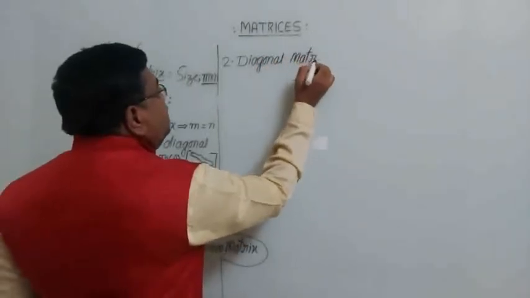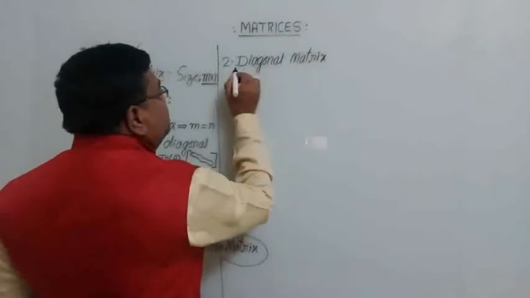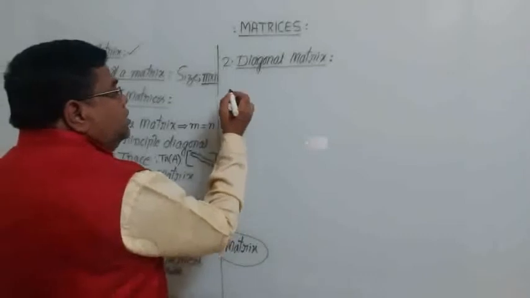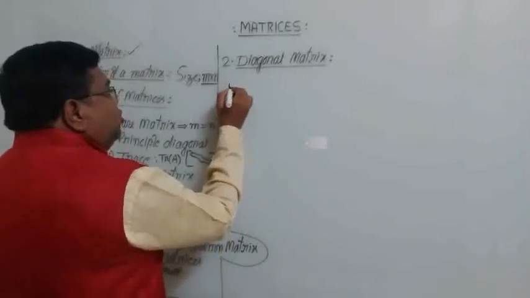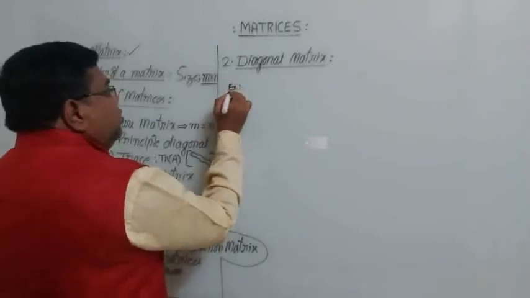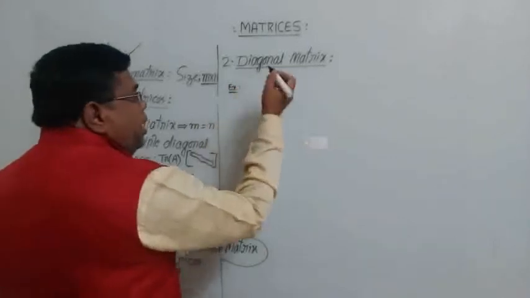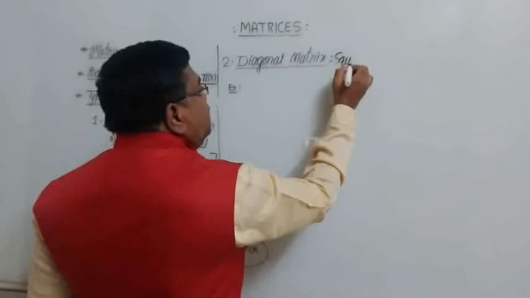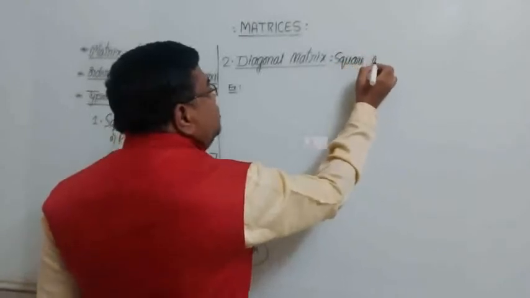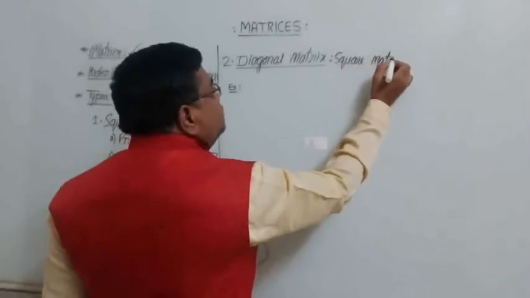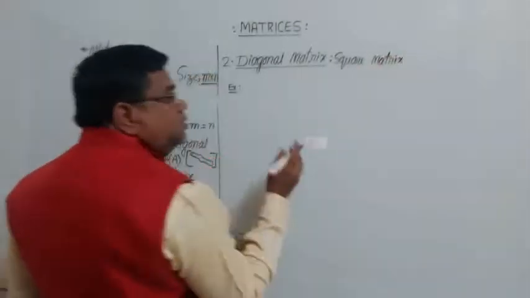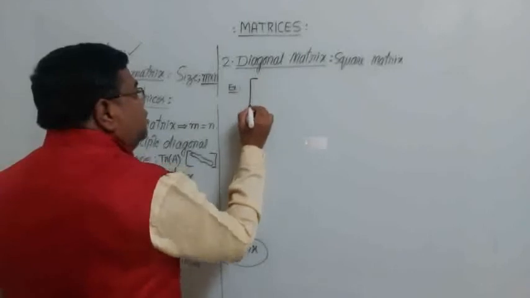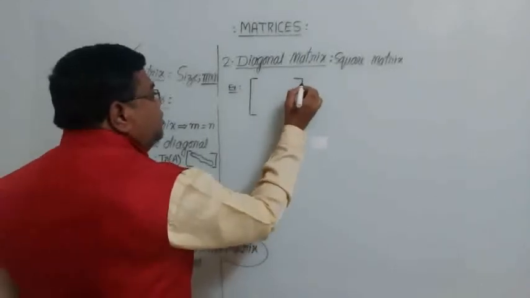So what is meant by diagonal matrix? The name itself says diagonal. Observe the example, and you can understand very clearly what is meant by a diagonal matrix. The first point is, it is also a square matrix, and non-diagonal elements are zeros.